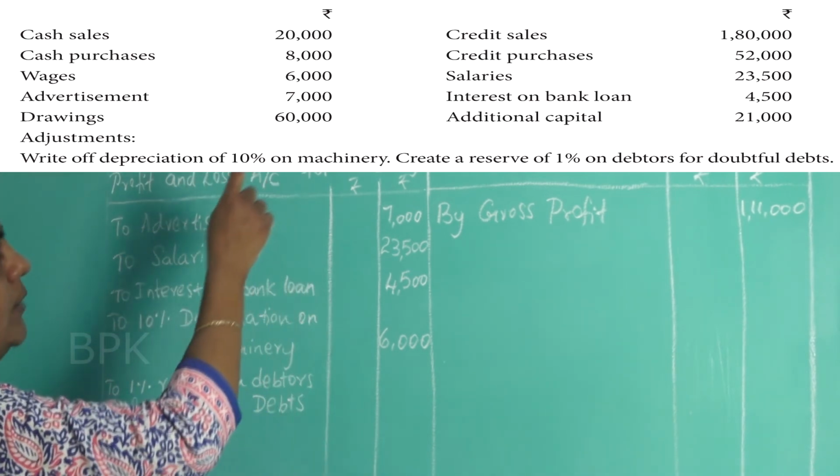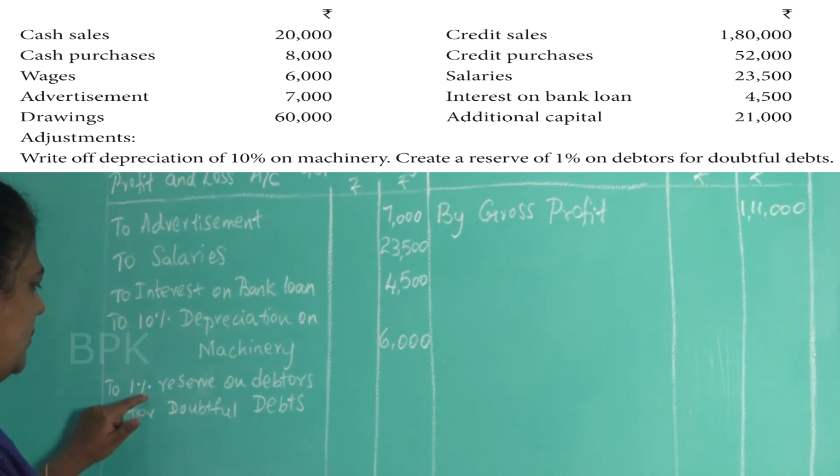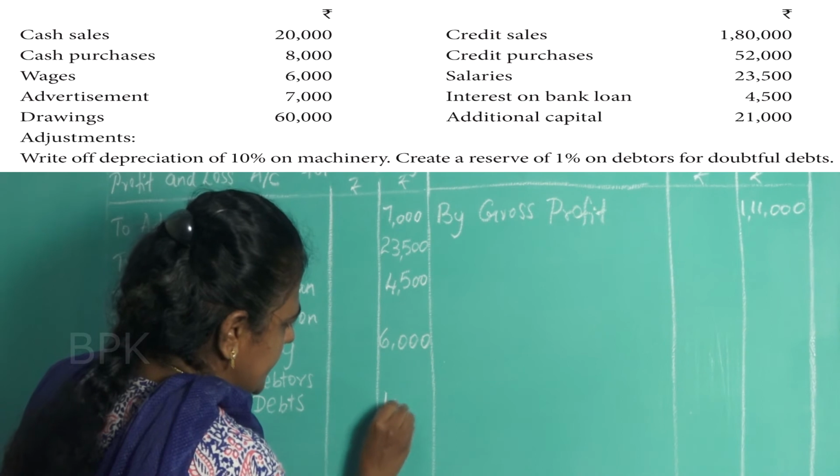Debtors you have to take only the closing debtors. So closing debtors is 1 lakh, 1 lakh into 1 by 100, that will give you 1,000 rupees.